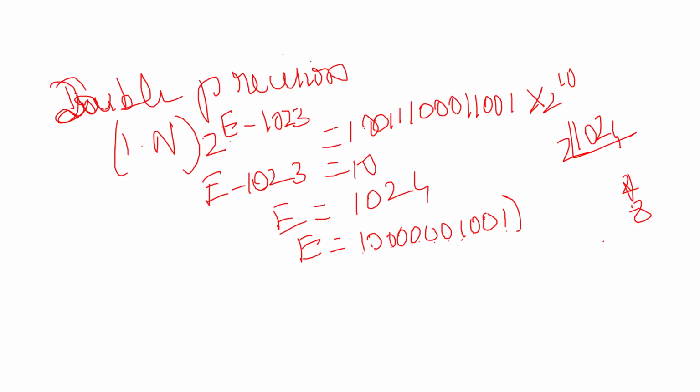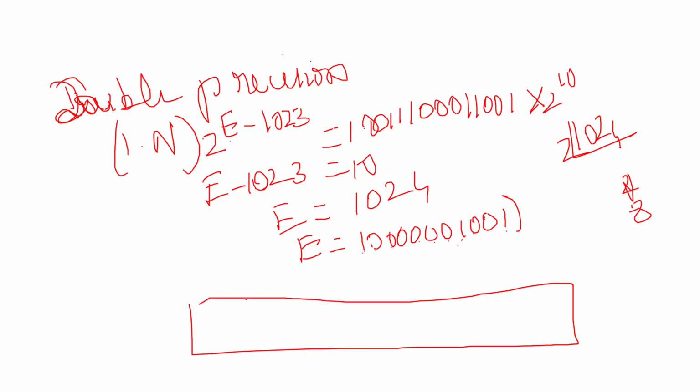Okay. Now just you can see to it. So now we can write in the double precision format. Here actually 1 bit, here actually 11 bits, here actually 52 bits. This is called the double precision format. This is bits 0 to 51, then 52 to 62, and 63.